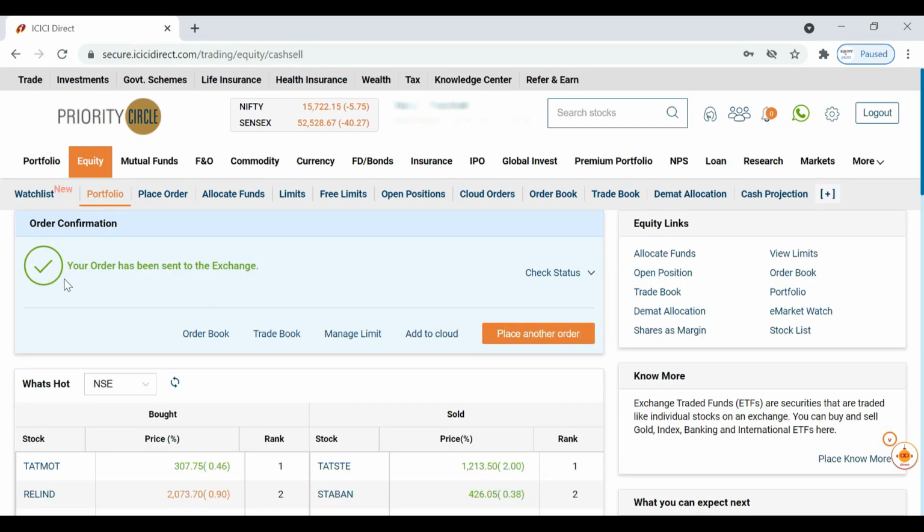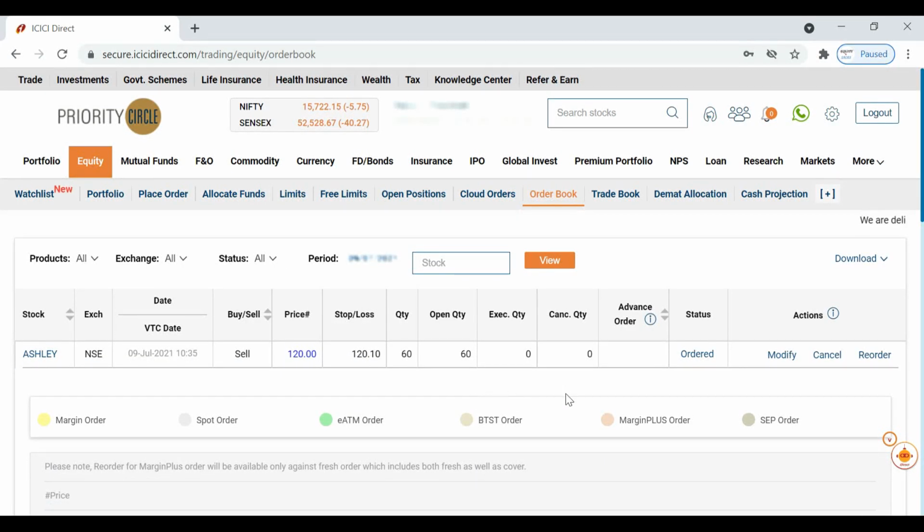Now you can see your order has been sent to the exchange. The order has gone to the exchange, but it is not enabled. You can see it in your order book. Here you can see the order value, and it shows as ordered by default.